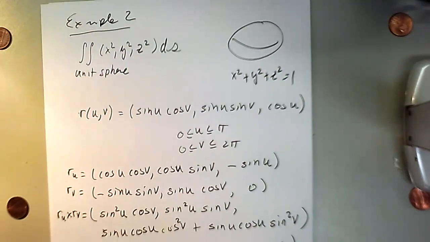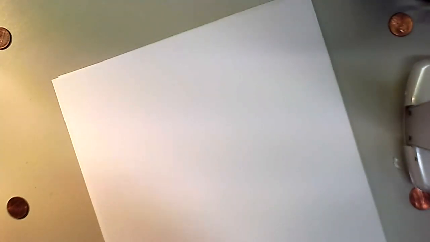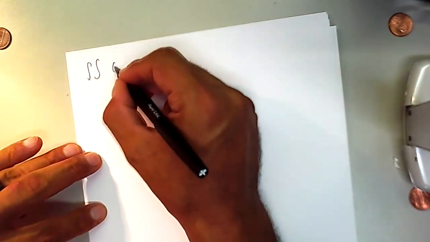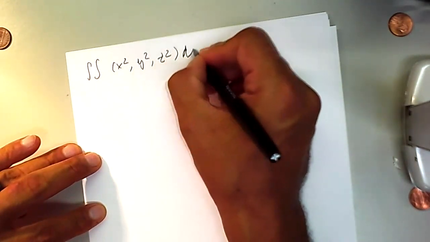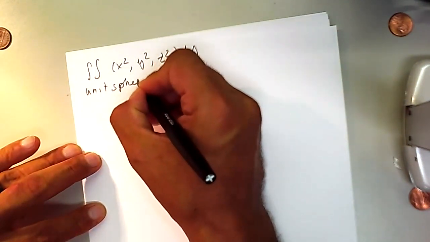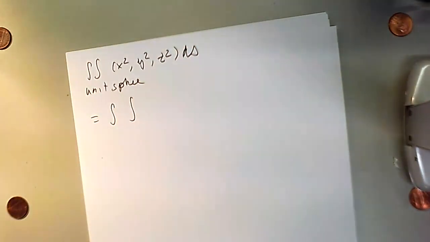All right, so let's start a new page. So the double integral, we're still in example 2. The double integral of x squared, y squared, z squared with respect to the surface over the unit sphere will be equal to the iterated integral.